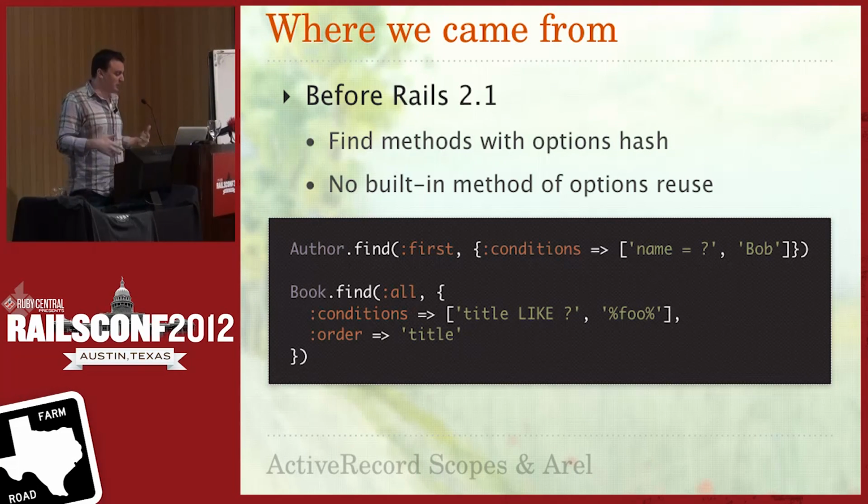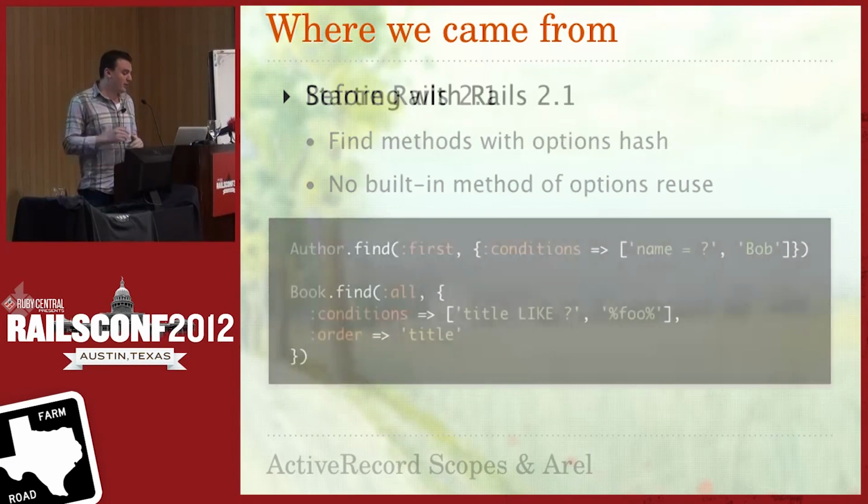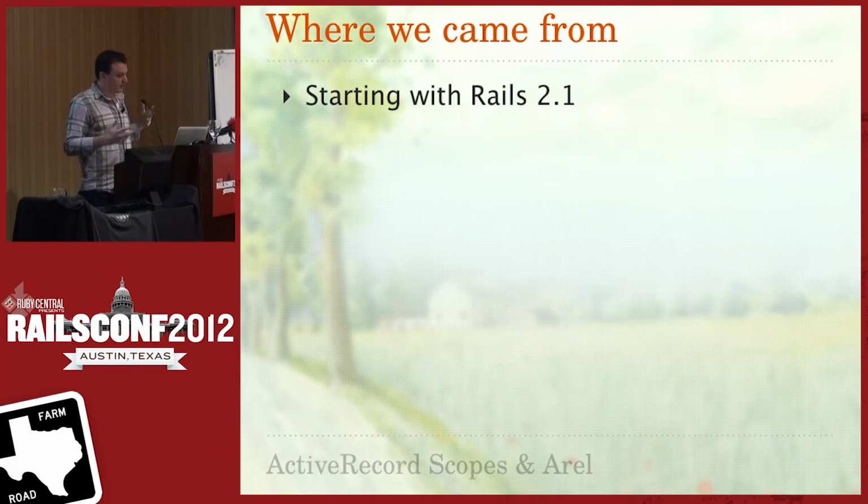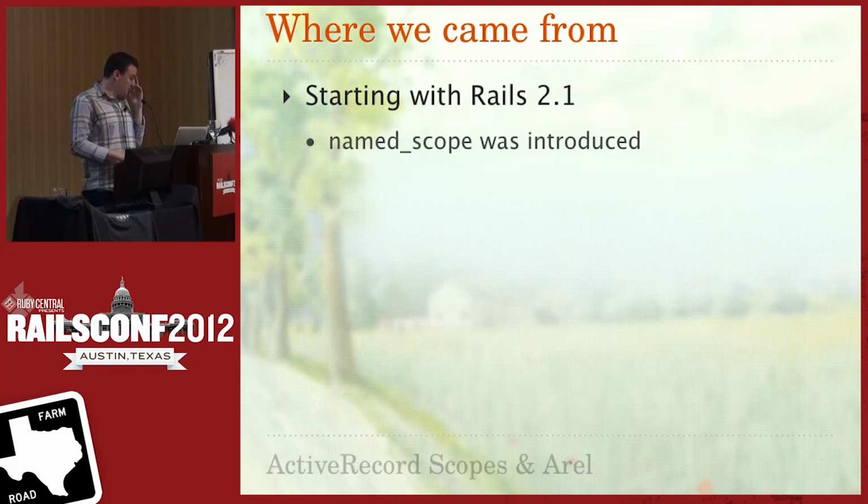So this is an example of a couple of ways that you would query records out of the database. But again, there was no way of reusing any of these conditions, any of the ordering, any of that. So 2.1 came around and actually changed some of this. The first thing was it introduced named scope. Named scope was basically Nick Kallen's has_finder plugin, rolled right into Rails.